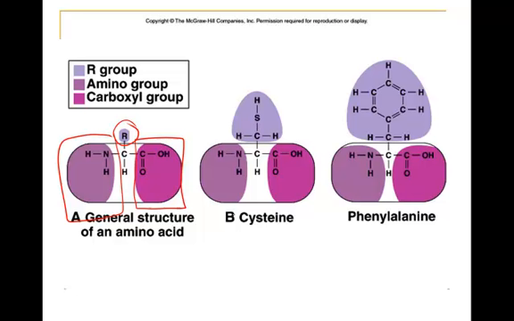So here's the nitrogen group, and here's the carboxyl group, and then this is what makes this cysteine. You're not going to have to memorize all of those. All I want you to do is understand structurally how they're created.